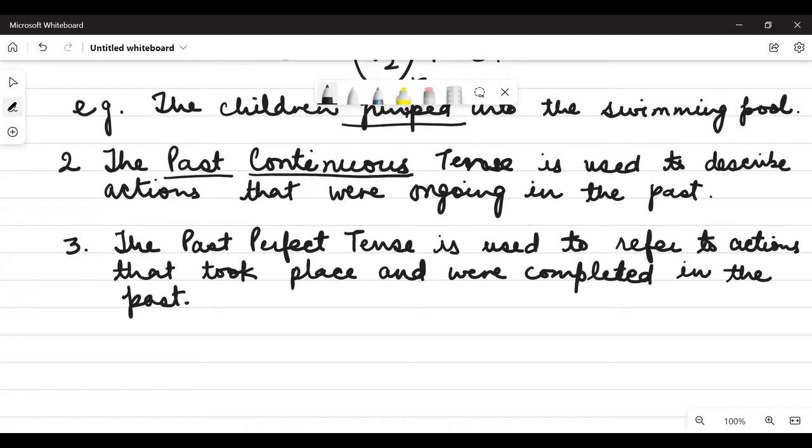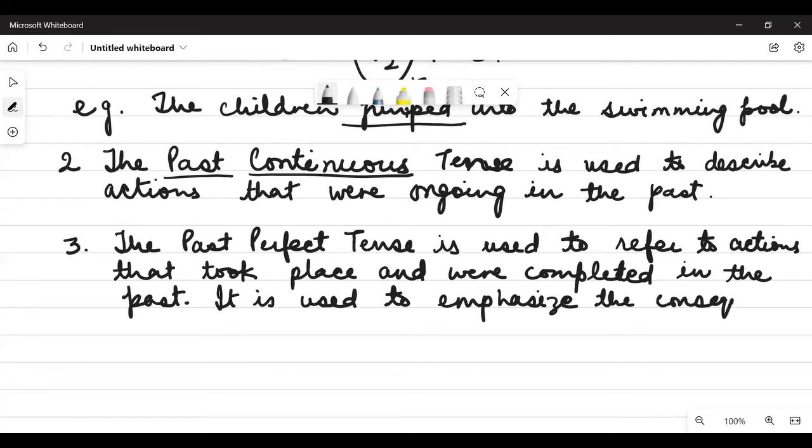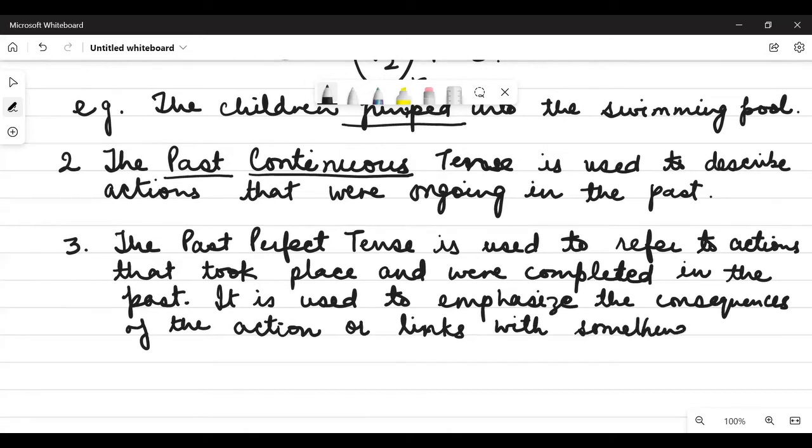And please understand, this tense is very important that way, because it is used to emphasize the consequences of the action, right? The consequences of the action, or links with something else. Now, how come it is? Let me tell you.